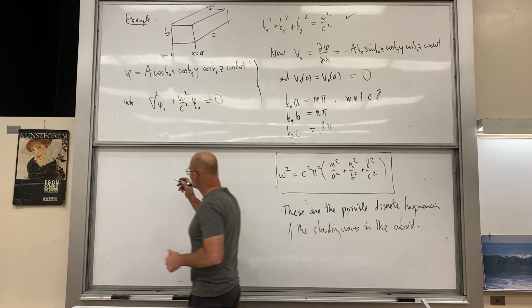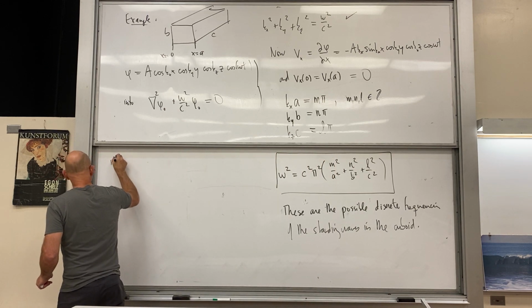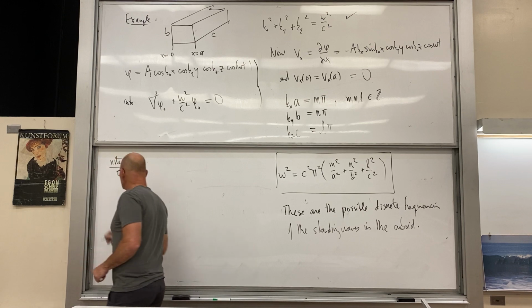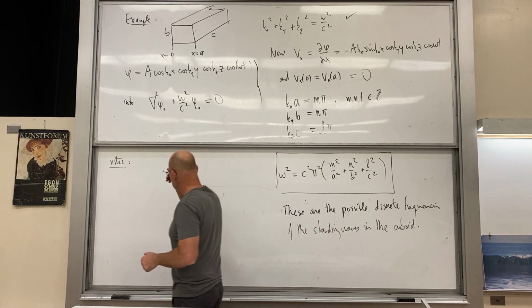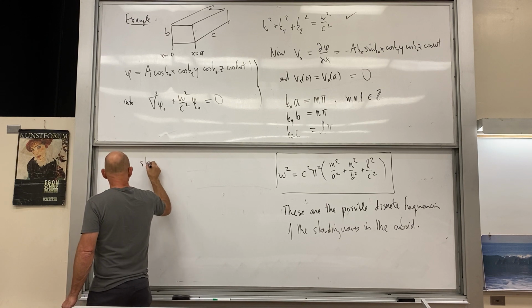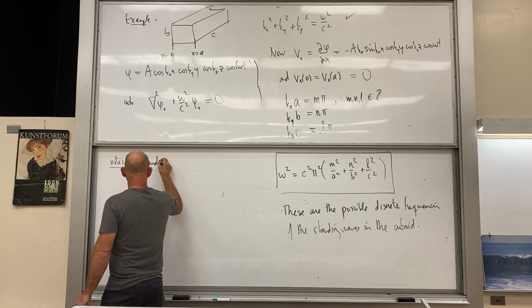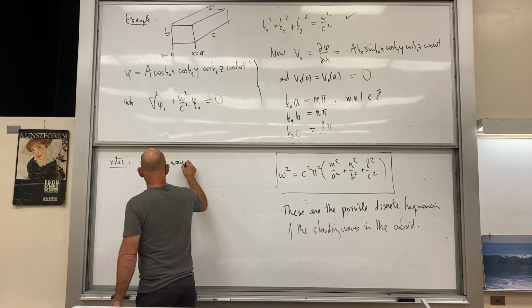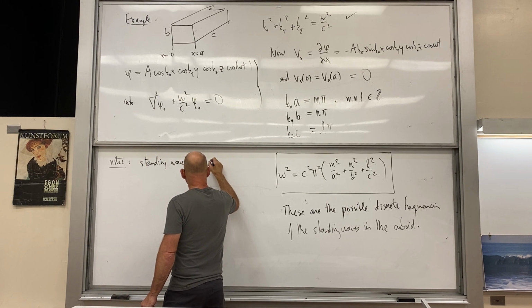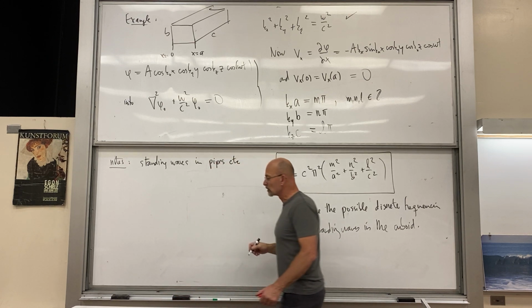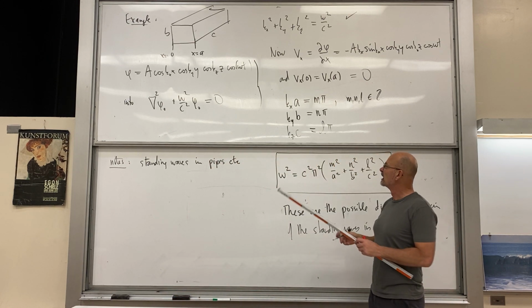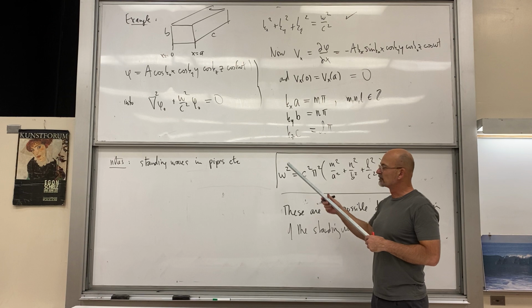Well, I'll just put here some notes, you can add stuff or just be aware of it. You have standing waves and pipes, etc. Once you have a circular cross section, you have a little more work getting your frequency relations.